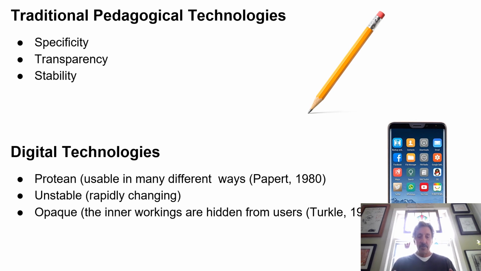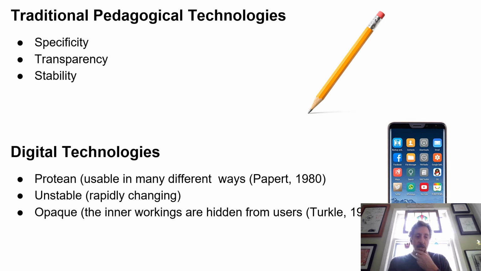That overhead projector had a very specific purpose for projecting instruction, me writing on it or placing transparencies down on it. It was transparent. If something went wrong with that overhead, it was generally one thing, that the bulb was blown out. And it was stable. I'm sure we could walk into some storeroom somewhere and find a projector that still looks the same as it did when I was using them 20 years ago.